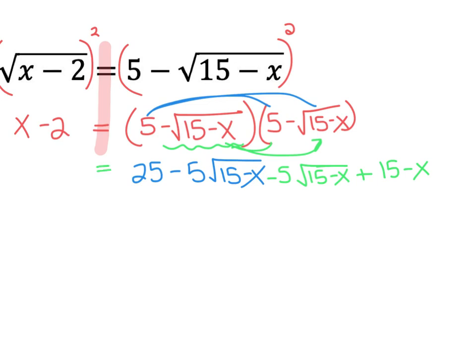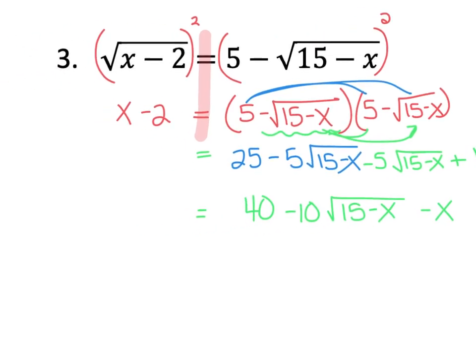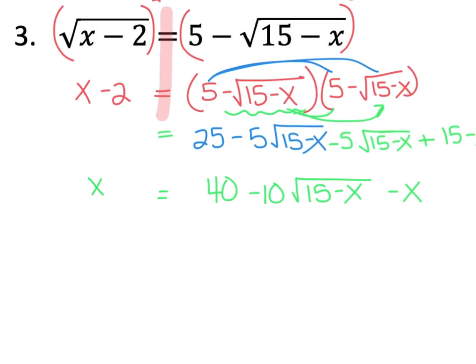Okay, so I'm going to clean this up now. I'm going to have 25 plus 15 would be 40. In the middle here, I have minus 10 times the radicand 15 minus x, and I still have a minus x. On the right, I've got x minus 2. Okay, so now what?